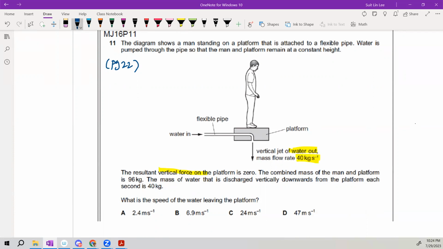So I'm going to draw the forces acting on the platform. Okay. So the platform obviously has the combined weight of the man and the platform, W, but the platform is at constant height. This means that there has to be a force pushing up on the platform. So this is the force of the water on platform.